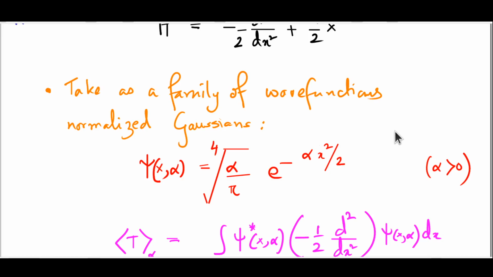Now, let me introduce to you one result which is actually going to be very useful, especially in one-dimensional calculations. In order to evaluate this particular integral, you actually need to differentiate the function twice and then multiply by the complex conjugate of the wave function.